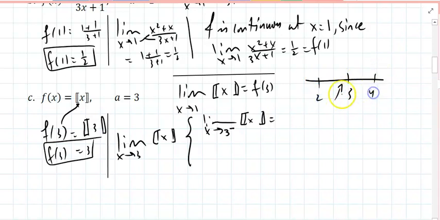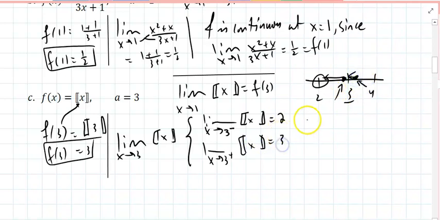That's 2 and that's 4. If I pick any point to the left, say 2.999, isn't the greatest integer the largest integer less than or equal to it? So if I don't reach 3, this is always going to be 2. What's the limit as x approaches 3 from the right? From the right, if I pick any point to the right, isn't that going to shrink it down to 3?